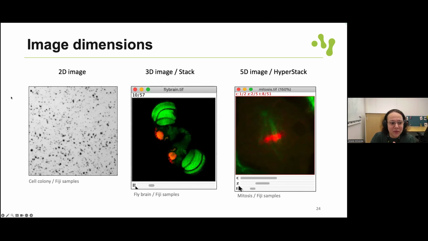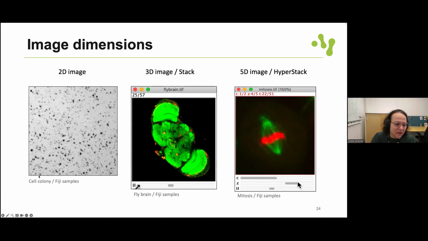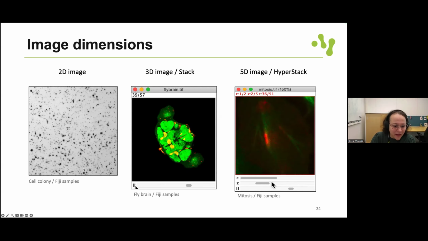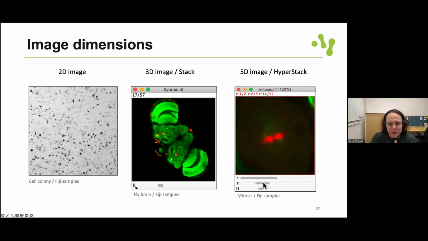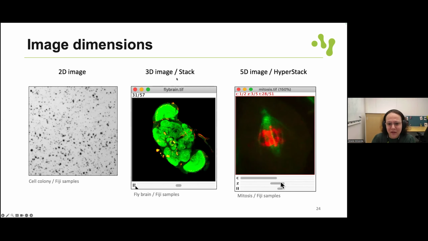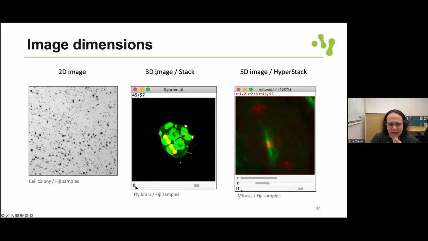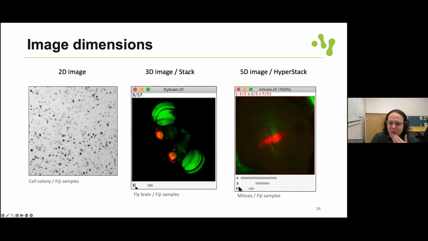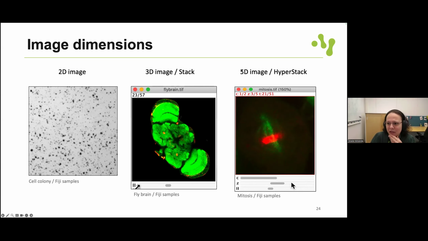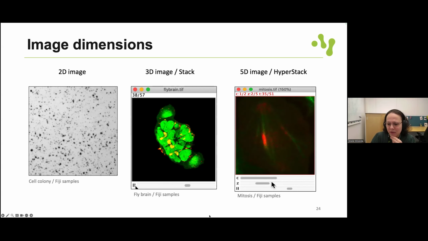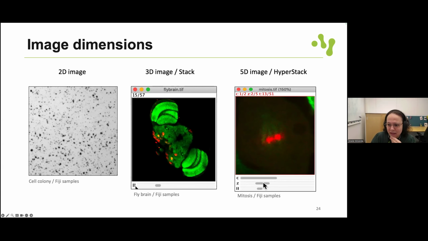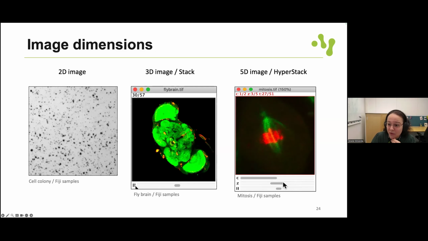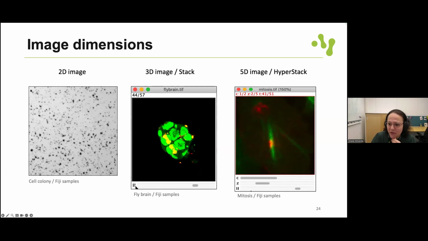So for 2D images, these are the examples we saw before, the matrix representation. But for a 3D image or stack, we have a 3D matrix, right? In the next example, we have a 5D image. This is a screenshot from Fiji, and here you can see how Fiji represents what we call a hyperstack.